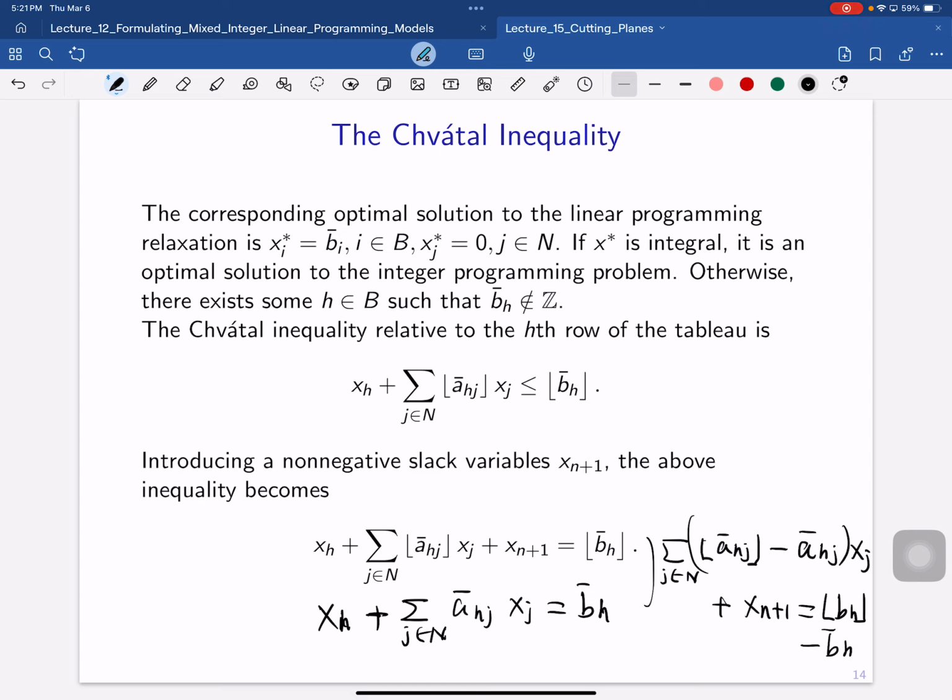So this is just taking the difference of these two equations. I get this equality here.